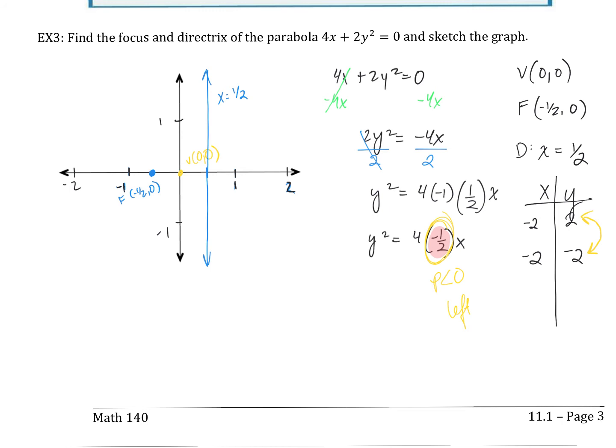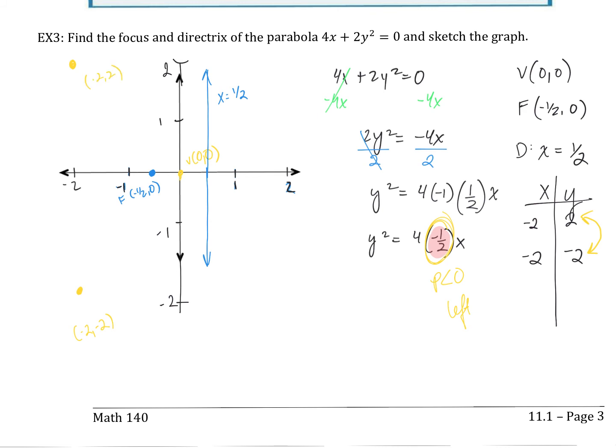Okay, and then we have negative 2, 2, oh shoot, that's down here. And then negative 2, positive 2. A little off the graph, but fear not, we have figured out a way. And then let's draw in our graph.